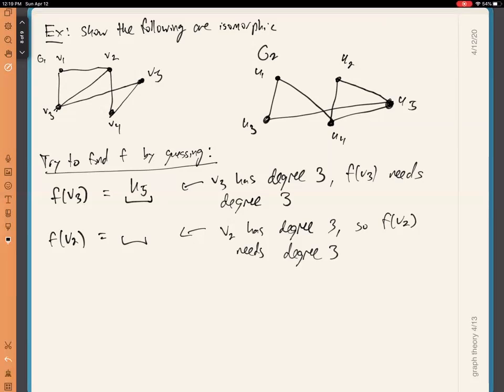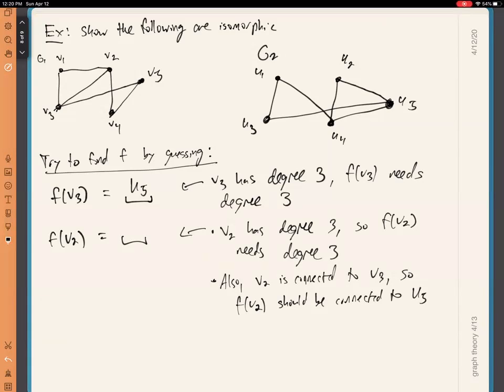Actually, we know a little bit more, because there's an edge between v2 and v3. Therefore, since this function has to preserve the edge relationships, whatever I assign to f of v2 has to be connected to f of v3. In particular, I need to pick something for f of v2 that is connected to u5, because u5 is equal to f of v3.